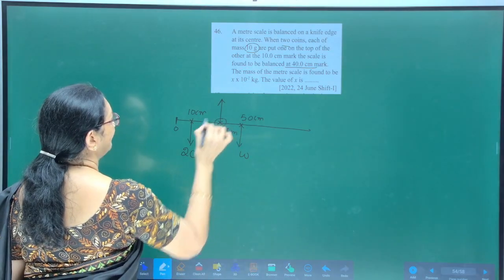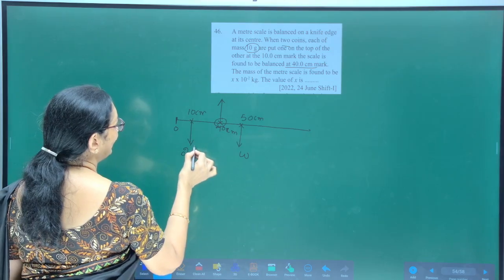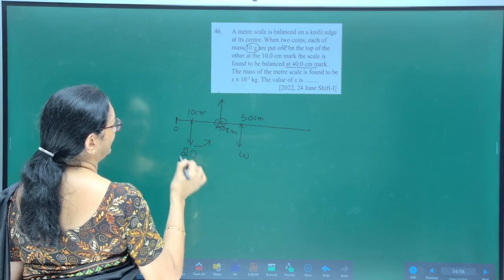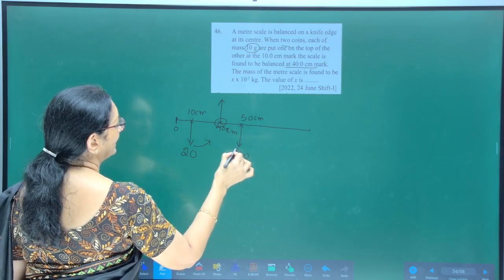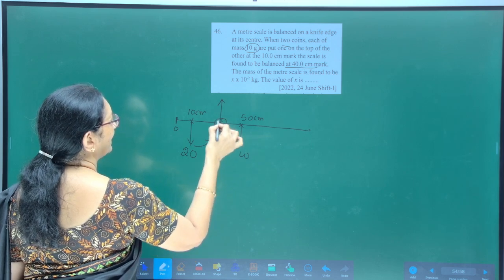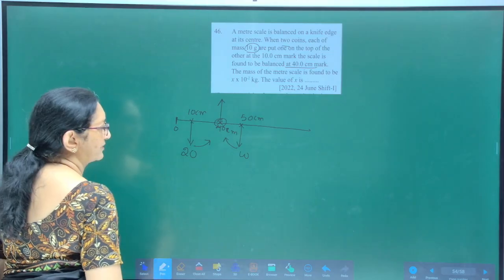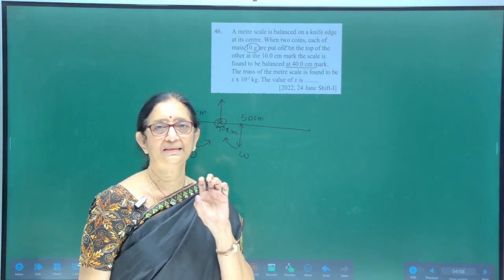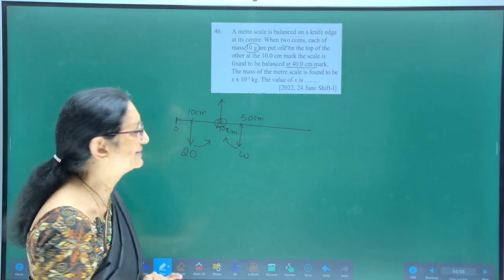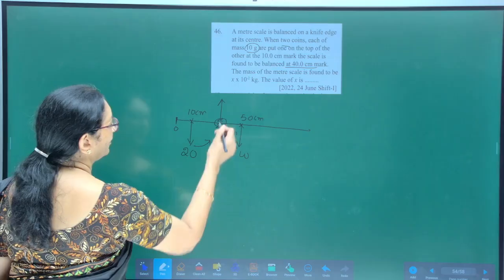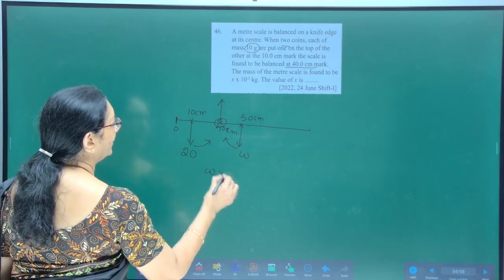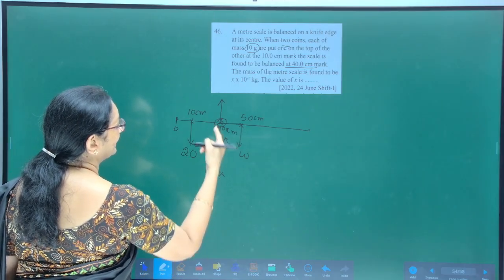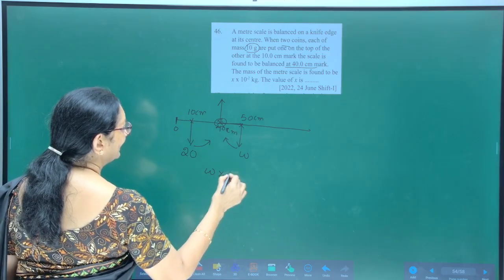Taking this as the reference point, this creates a moment in this direction, anti-clockwise, and this creates a moment about this point in the clockwise direction. So, as the scale is balanced, the clockwise moment should balance the anti-clockwise moment. Clockwise moment is W into its perpendicular distance from this point, which is 10.